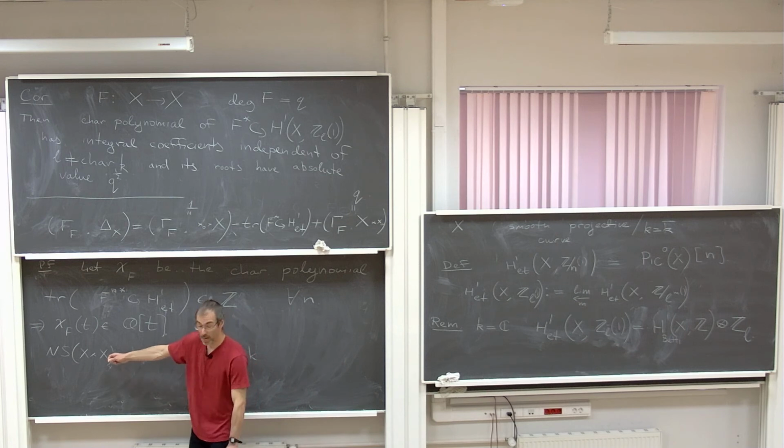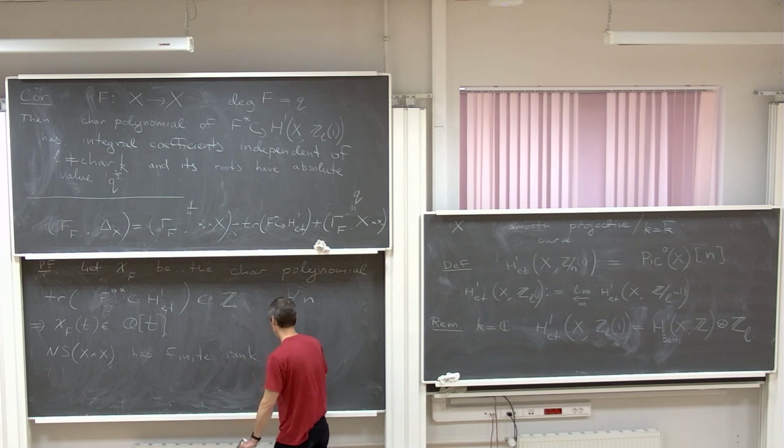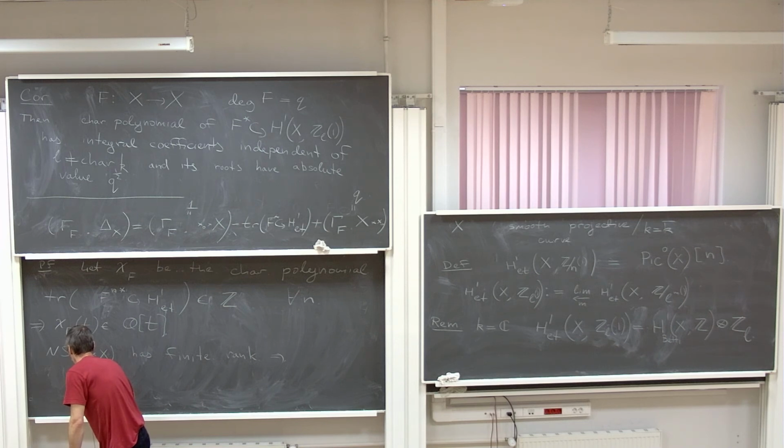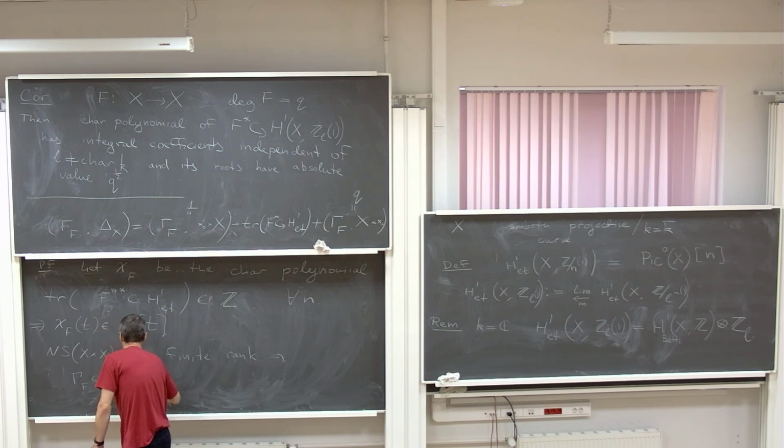So this is a ring which, as an abelian group, is a free abelian group of finite rank. Therefore, gamma f, viewed as an element in this ring, is integral.